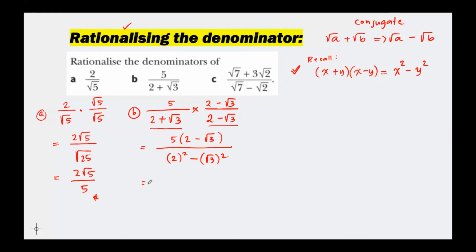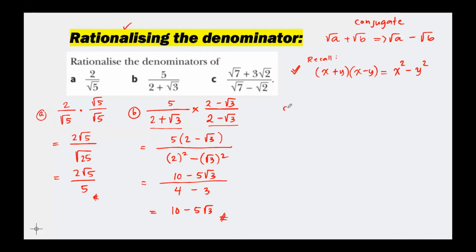Notice now that the denominator will become 4 minus, if you square the square root of 3, you're going to end up having 3, isn't it? For the numerator, just distribute your 5, you get 10 minus 5 square root of 3. In the end, 4 minus 3 is 1, so you're going to end up having 10 minus 5 square root of 3 only.